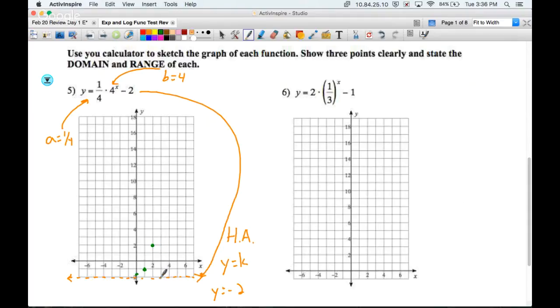She's 16 units tall. So 16 up from this level here is up to 14. And then we're off the graph. And on this side, we are flattening out to that horizontal asymptote very quickly. It's going to look basically like a horizontal line until we hit 0, and it shoots up this way.